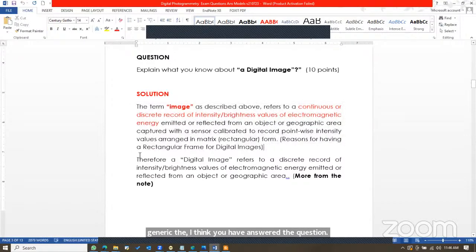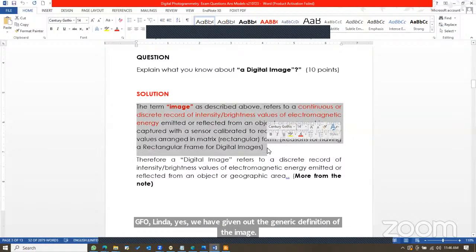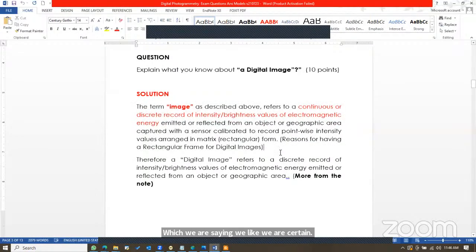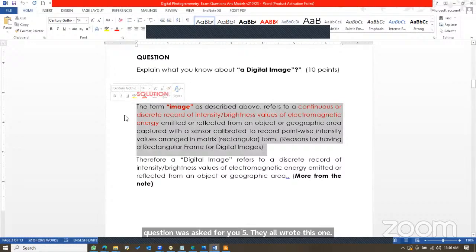Because if you look at what we have here, we have given a generic definition of an image, which we accept, but it does not answer the question in the simplified form of it. Because the question is about a digital image, not an image, and you should not stop and disappear. This question was asked for year 5.